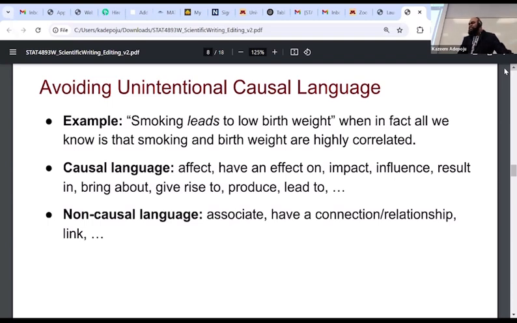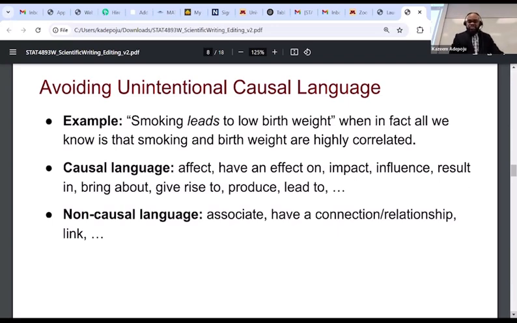We don't want to fall into that trap of exaggeration, where you overinterpret statistical relationships.